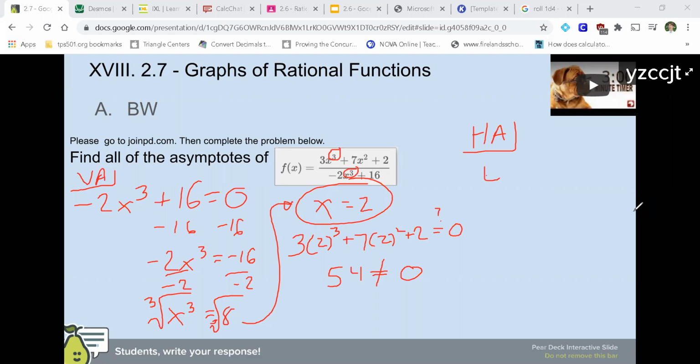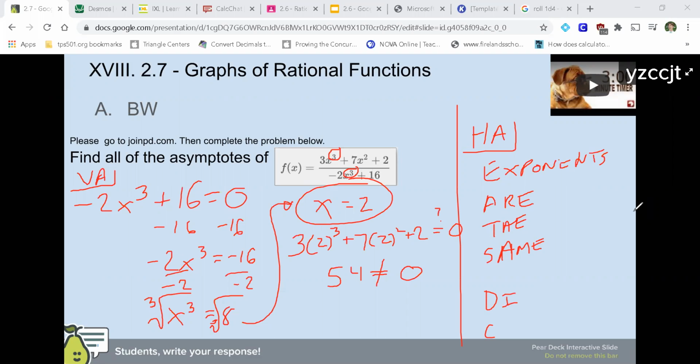If the exponents are the same, then what do I have to do? Yeah, divide the coefficients. If the exponents are the same, I'm going to eat DC.